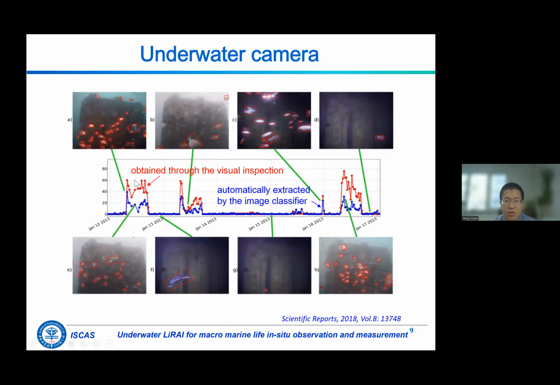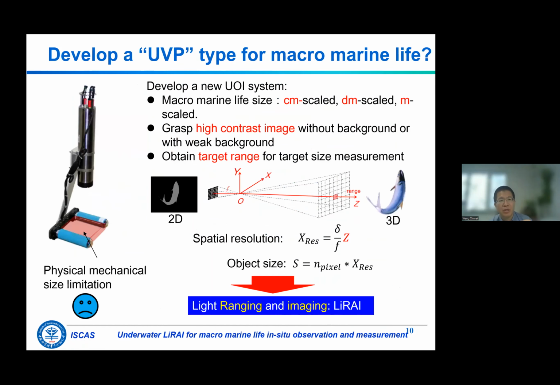This shows the result from a paper in Scientific Reports. It shows that low contrast targets can affect the automatic extraction by the image classifier. So the question is, how can we develop a UVP type for macro marine life? We want to develop a new underwater optical imaging system.